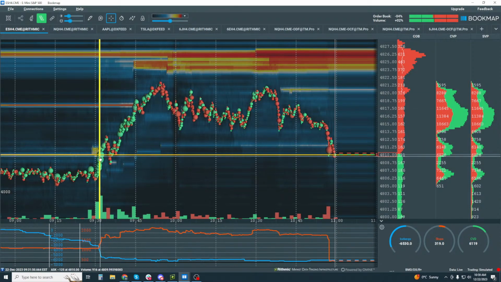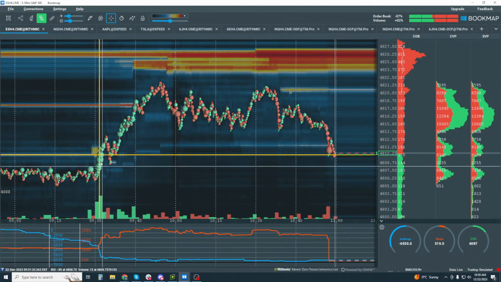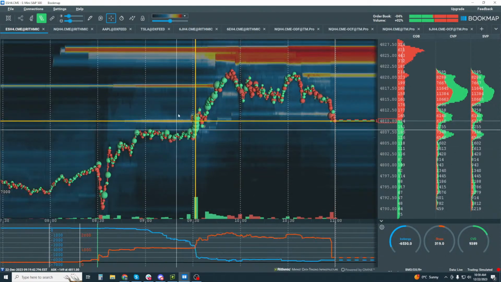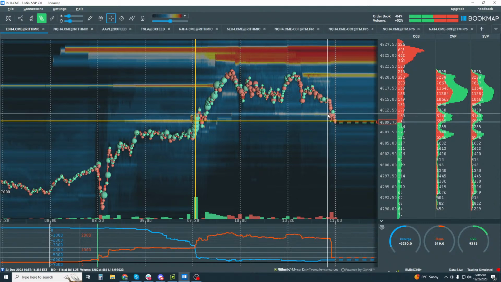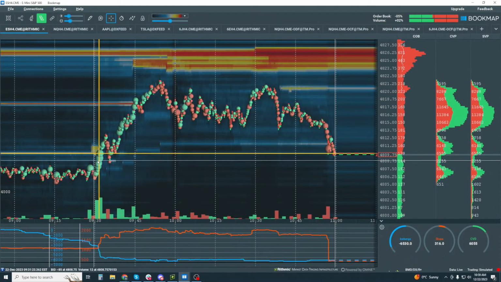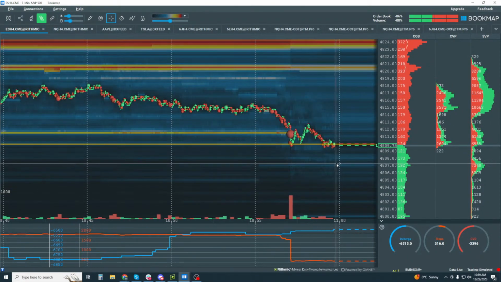Well, let's see here now. If we get down below here, these larger players are in the green, in profit, and we can get some really nice moves. So it's a consideration of understanding these little levels in here and who's trading at these levels. Right, so let's look for it here.